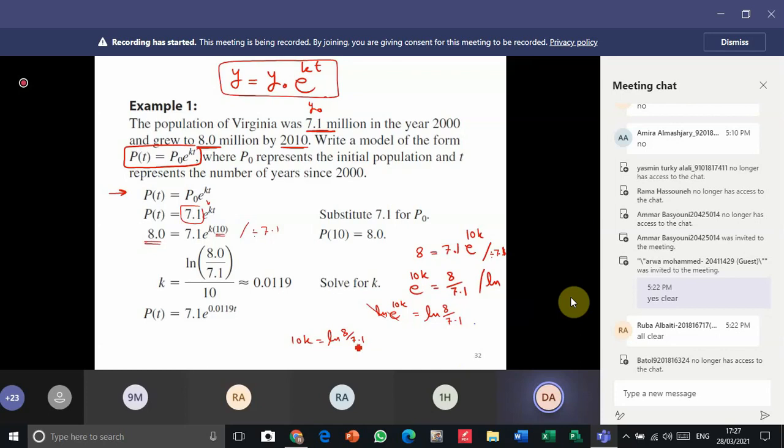By dividing by 10, we conclude k equals ln of 8 over 7.1, all over 10. This is the value of k. So we have k is 0.0119. So this is the population after t years: 7.1 e to the power 0.0119 multiplied by t. This is the year.